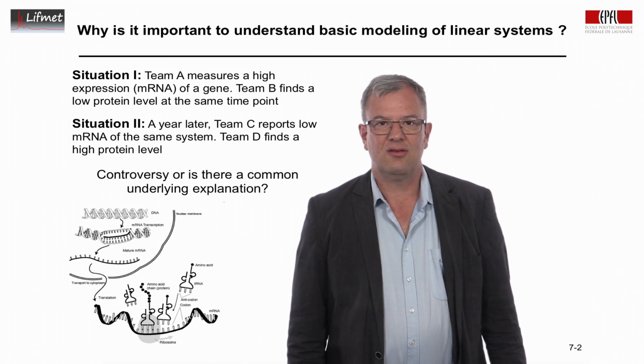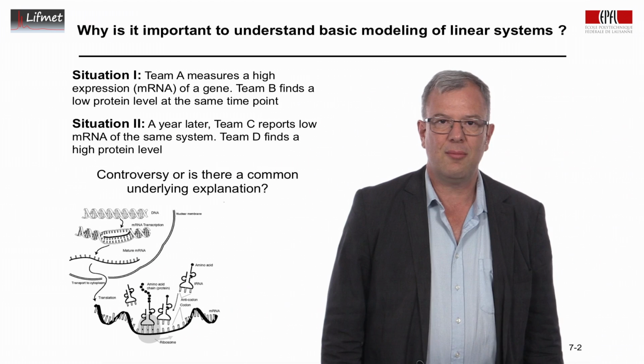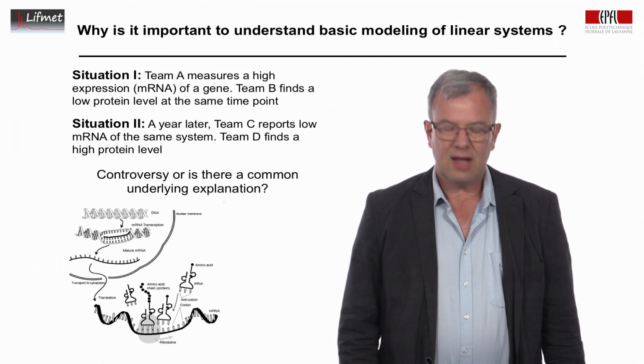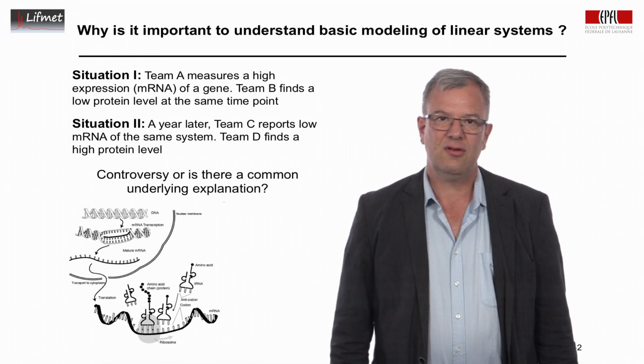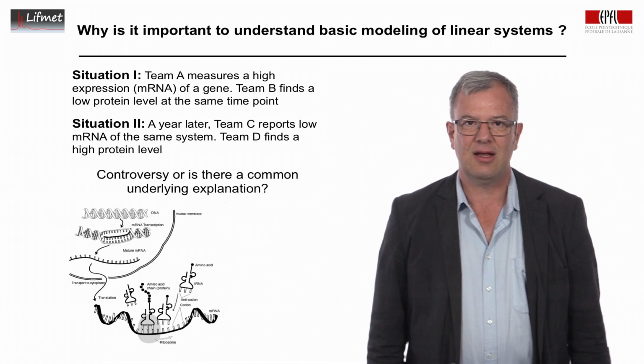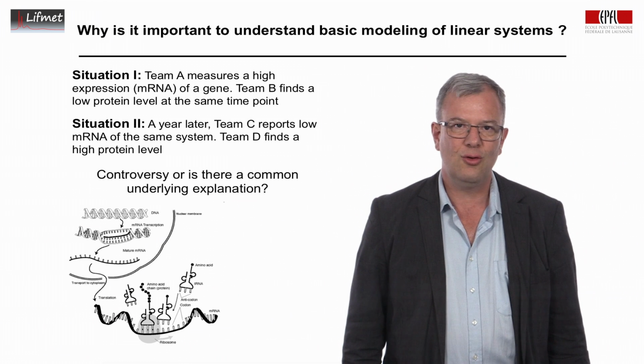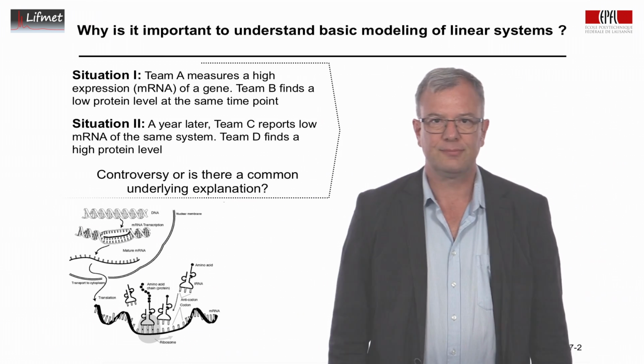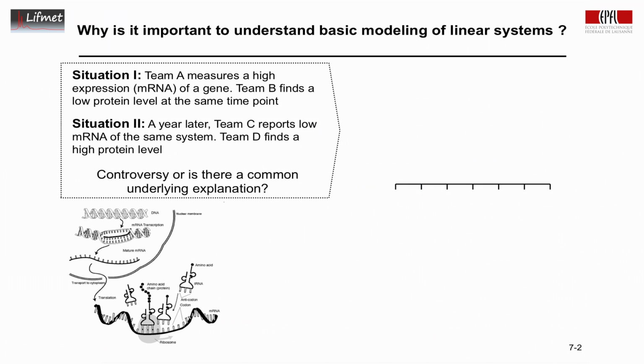So the question is, is this a controversy or is there a common underlying explanation? Trust me, looking at these things as they are reported by research teams, conflicting findings, this does give rise to quite some controversy at scientific meetings. So let's try to understand this situation. I'll plot here on the x-axis the time.